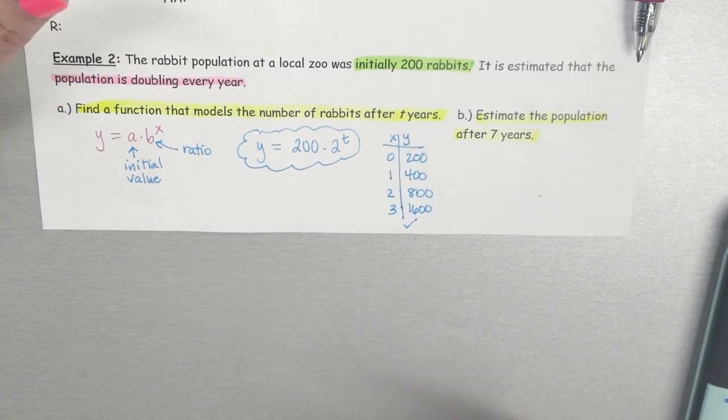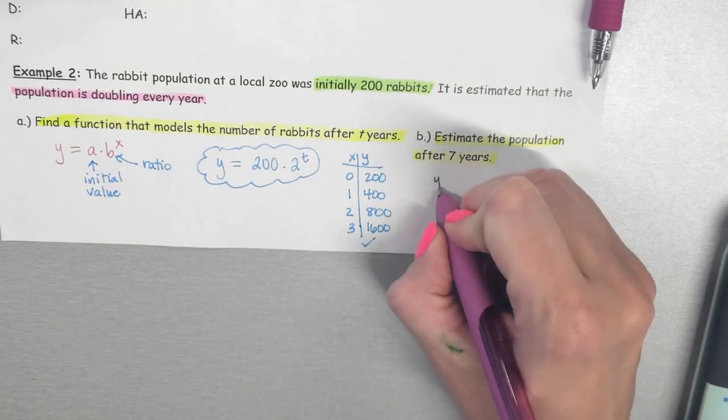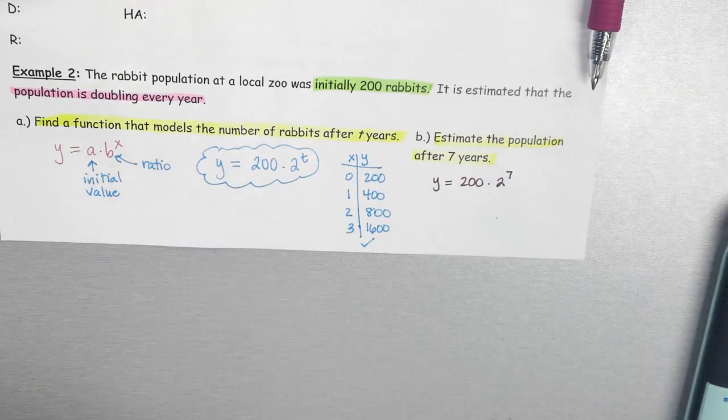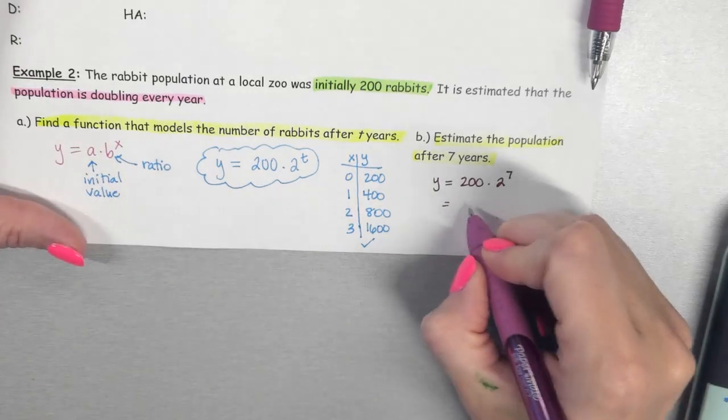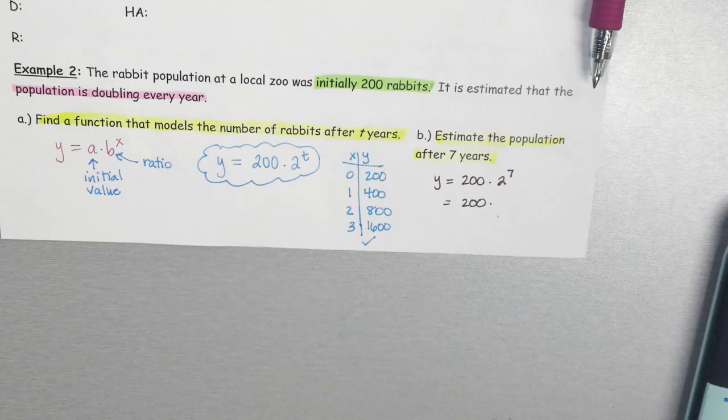Estimate the population after 7 years. Once you have a model, you can go ahead and calculate. And don't worry, you can use your calculator for this. If you know that 2 to the 5th is 32, and you double that, you get 64. You double that, you get 128.